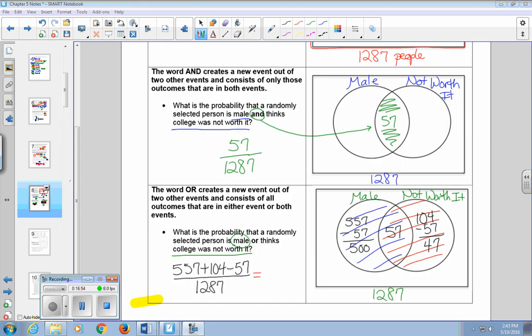Or we can take the 500, that first section of the Venn diagram, plus the 57 in the overlap, plus the 47 in the right-hand side. And if we add those together, we should once again get 604 as our numerator out of 1,287.